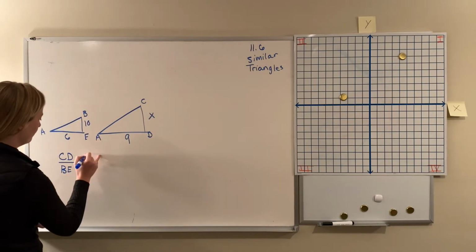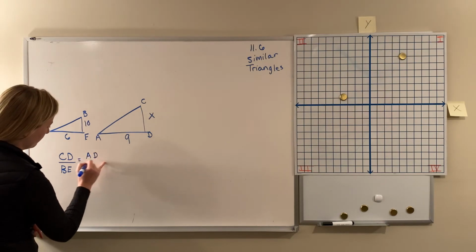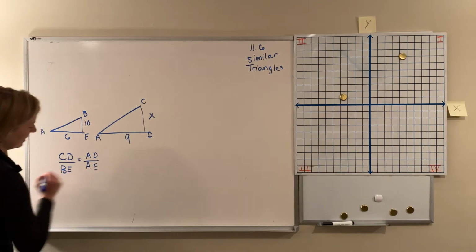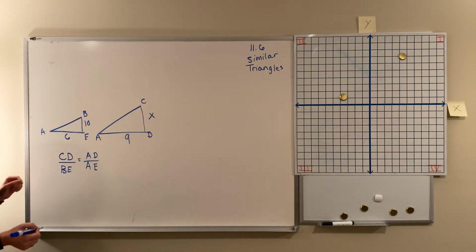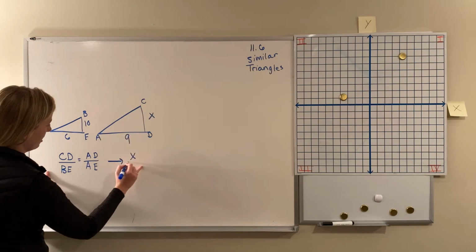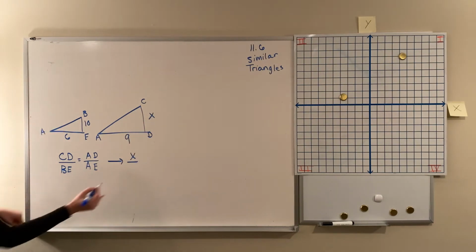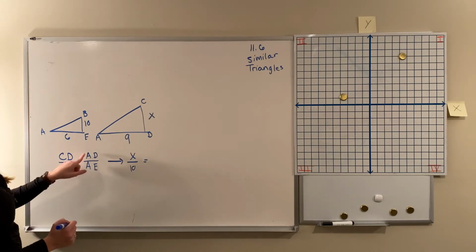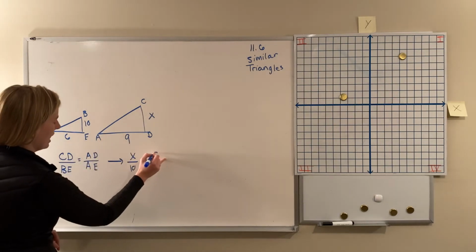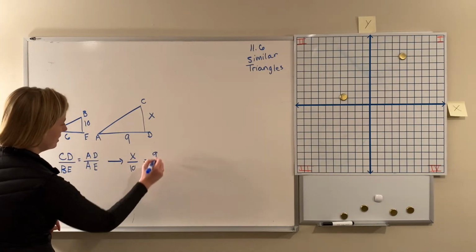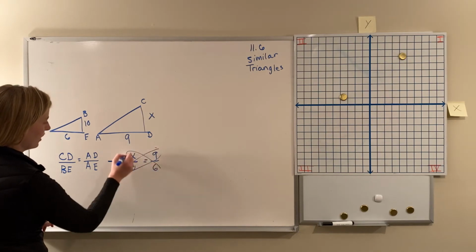So AD over this triangle's base, AE, and now we're just going to plug in the values we have. So CD is X. That's our unknown value. BE is 10. Then we have AD. AD is 9. AE is 6.